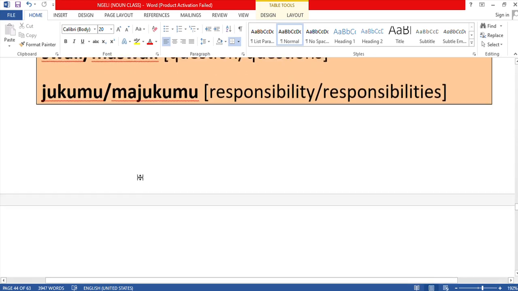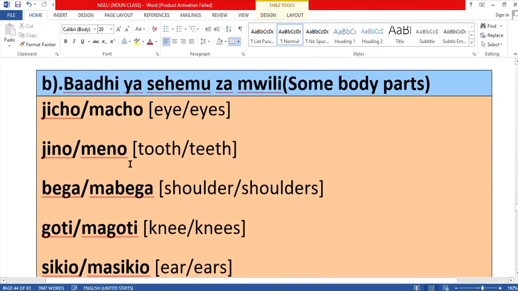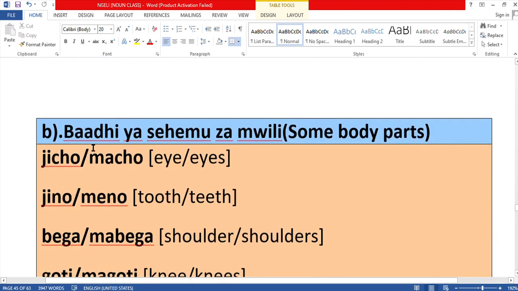Now we have baadhi ya sehemu za mwili. There are some body parts, names of some body parts, okay? Jicho, macho.